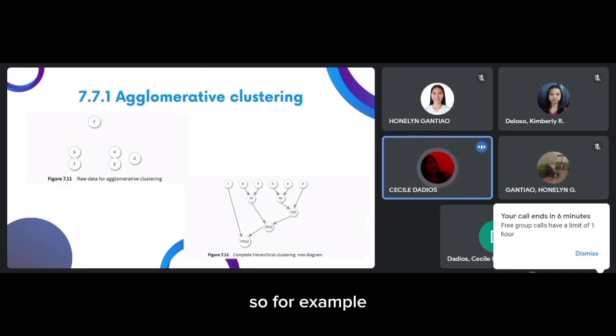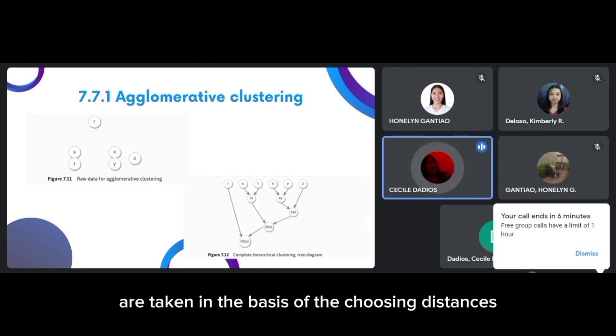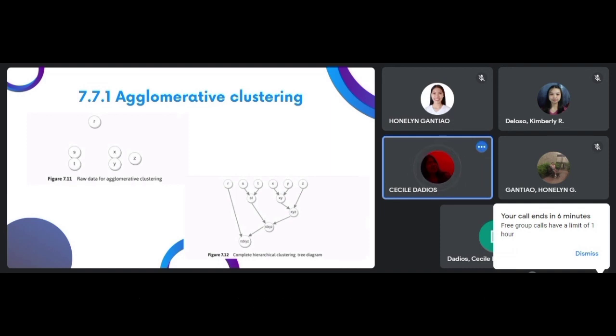For example, there are 6 items R, S, T, X, Y, and Z. The first step is to identify the items to be combined into a cluster. Normally the two closest elements are taken on the basis of the chosen distance. When the tree is cut at a given height, it gives a partitioning of clusters at a selected position.